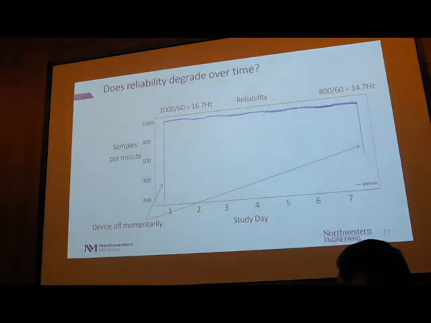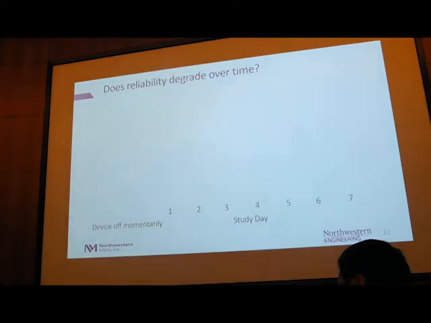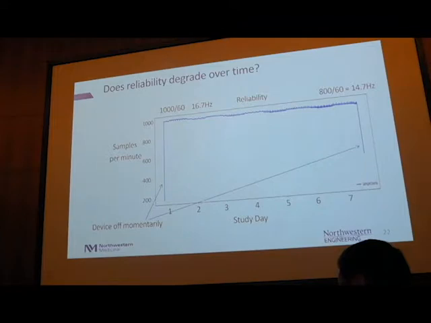One important thing to consider is that over here we looked at a single day, but it's really important to also look at reliability across time. If your study is 7 days, you want to make sure that the engineers actually tested reliability over those 7 days.